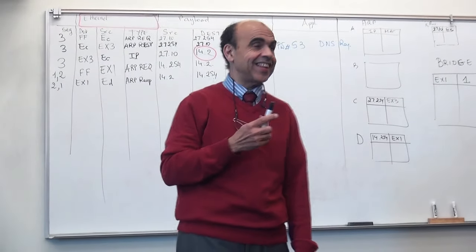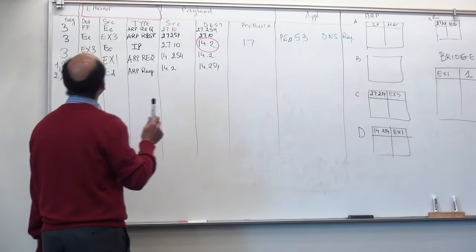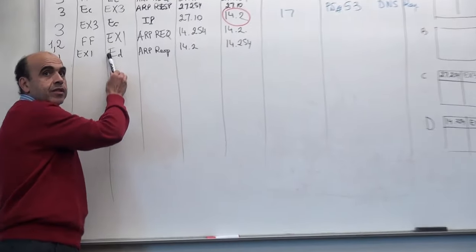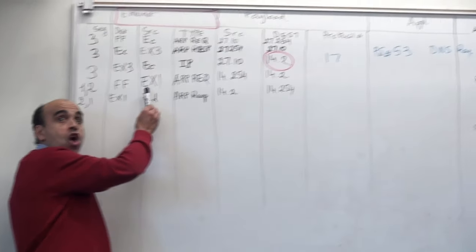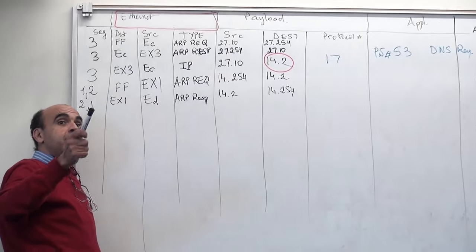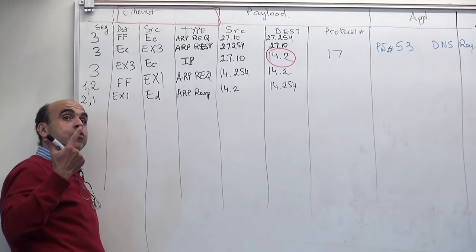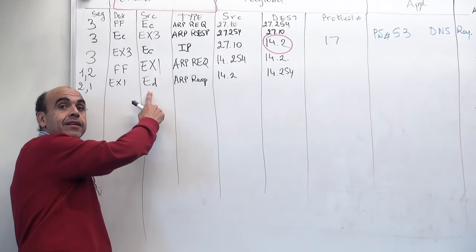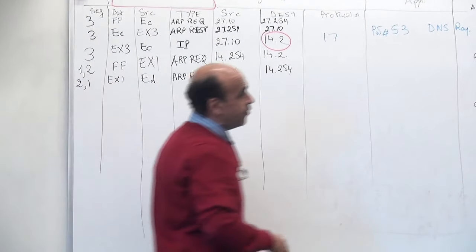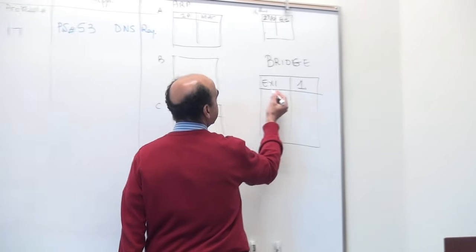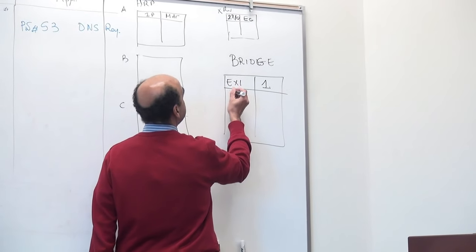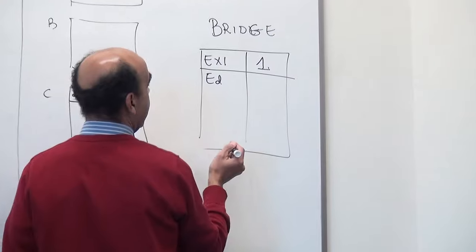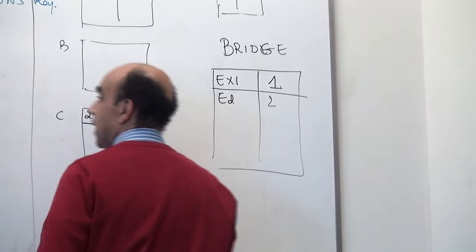Now the bridge sees this thing. First, he looks at who is the source, who is sending this. Oh, it's ED, and remember the bridge learns through the source. So that means he will learn where ED is: port 2.